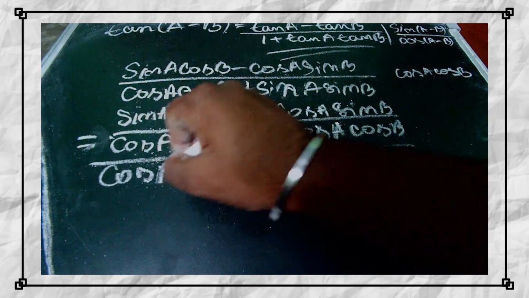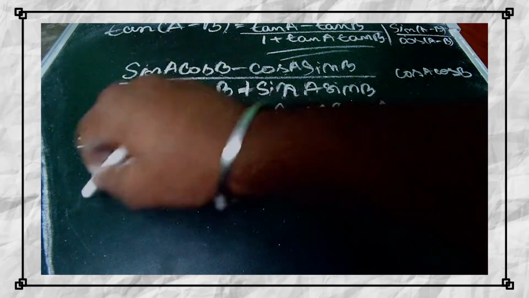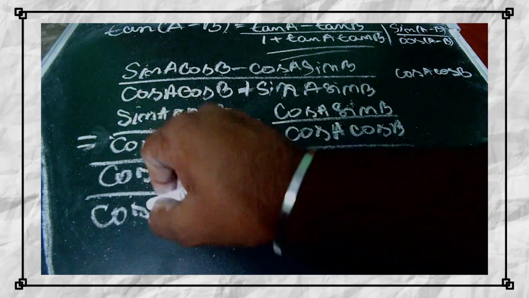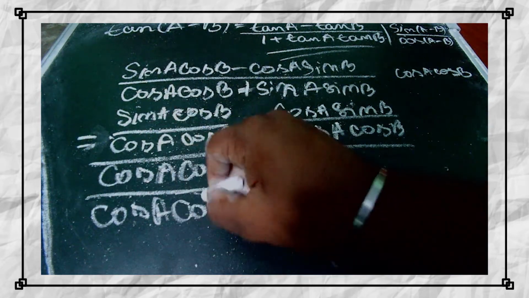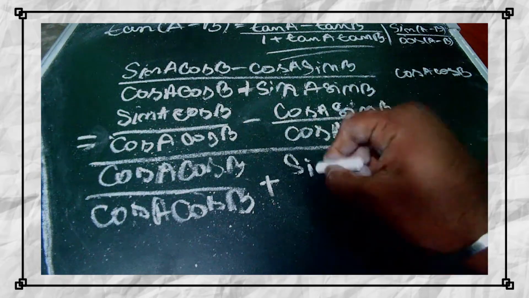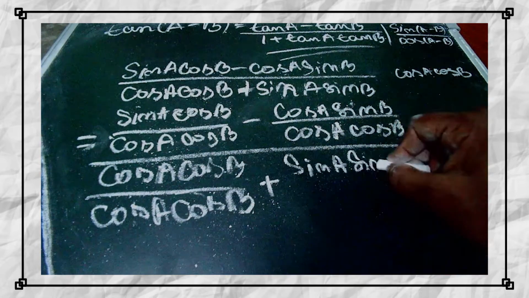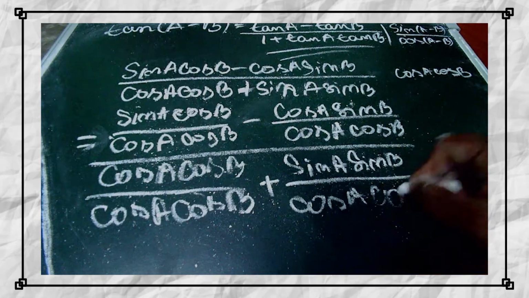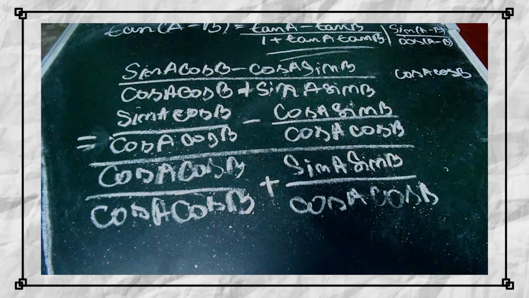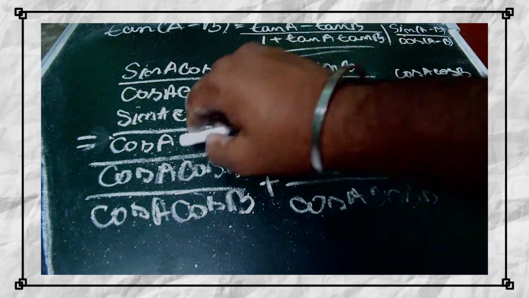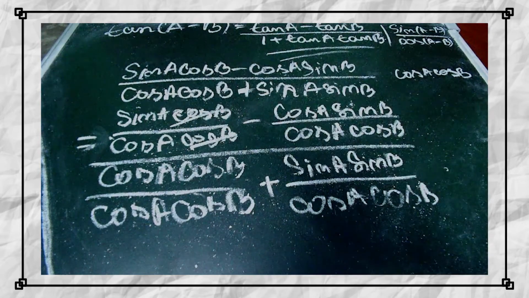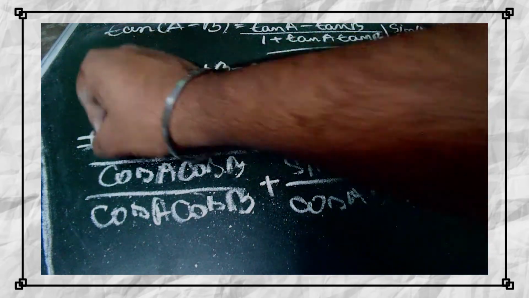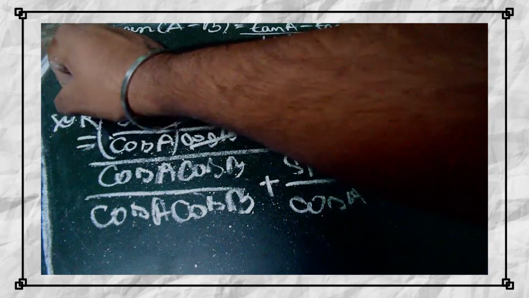cos a cos b divided by cos a cos b plus sin a sin b divided by cos a cos b. Sin a cos b divided by cos a cos b, cos b cancels, so we have sin a by cos a, which is tan a.